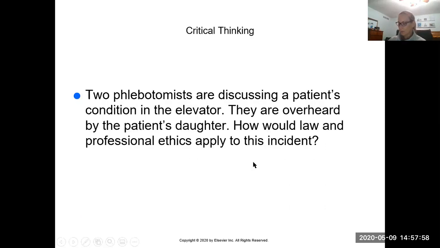From there, I have something for you to think about. This is called critical thinking. Two phlebotomists are discussing a patient's condition in the elevator. They are overheard by the patient's daughter. How would law and professional ethics apply to this incident?